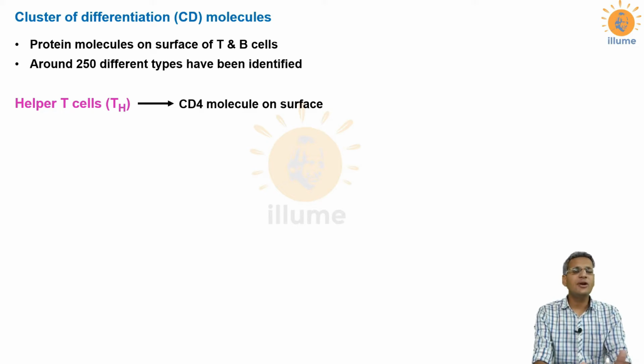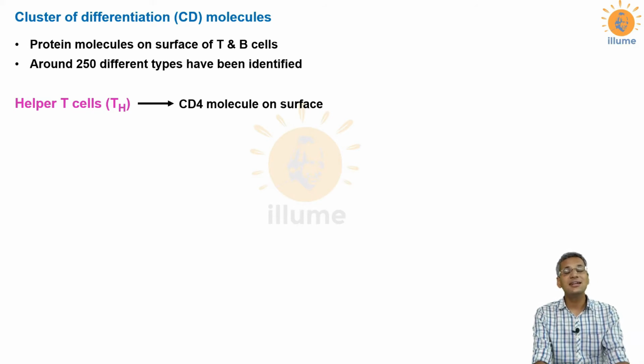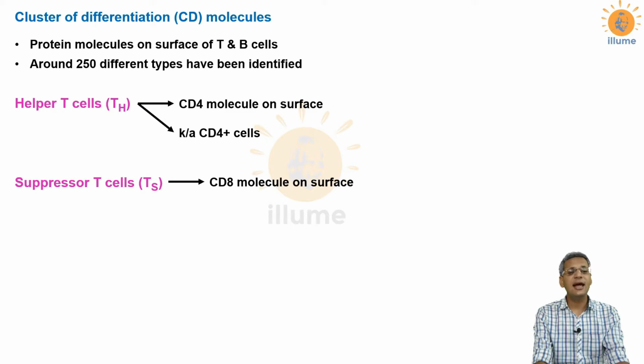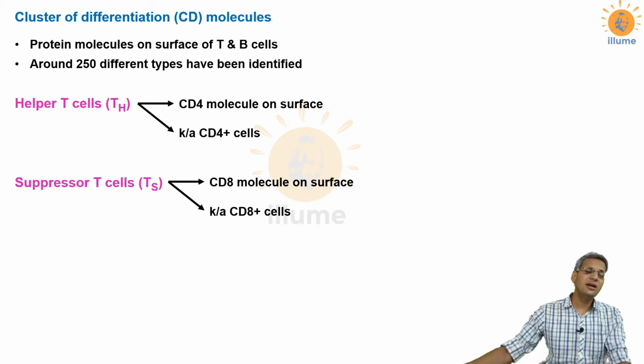CD molecules are of different types and they are named as per the sequence CD1, CD2, CD3, CD4 and so on. Helper T cells have CD4 molecules on their surface, and hence they are called CD4 plus cells. And suppressor T cells, the TS cells, have CD8 molecules on the surface, and hence they are called CD8 plus cells.